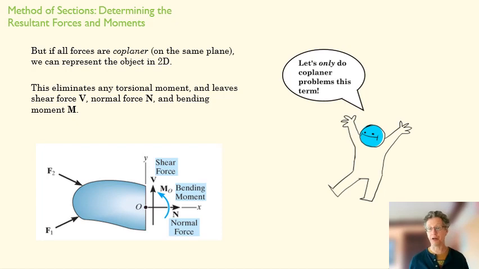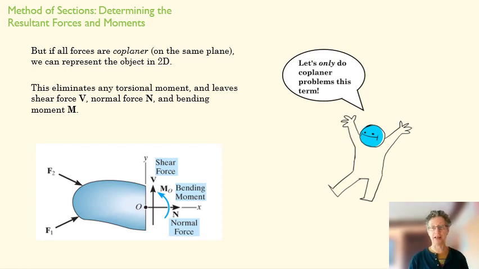Now, that's pretty complicated, right? So if we think of those 6 resultant loadings, we can simplify that if we have what's called a set of plane forces, right? Or if the forces are coplanar. And that means that essentially we can pick one dimension in which no forces are acting, right?